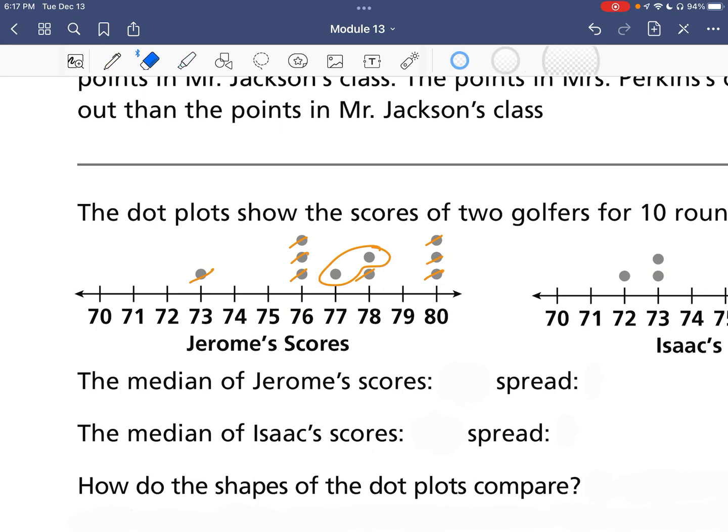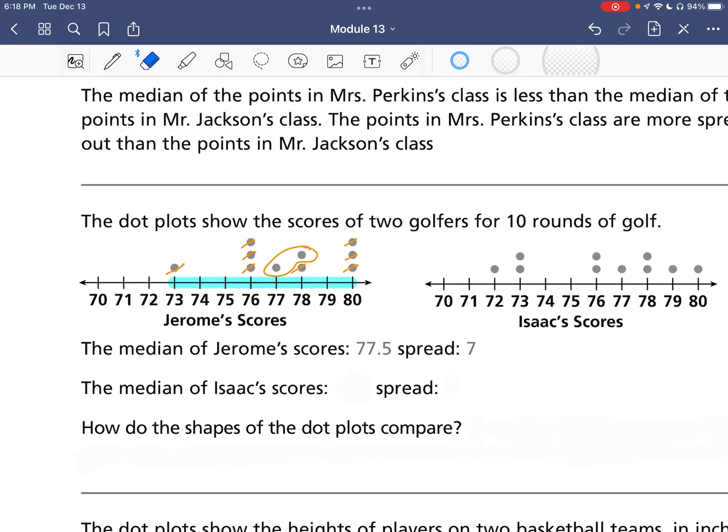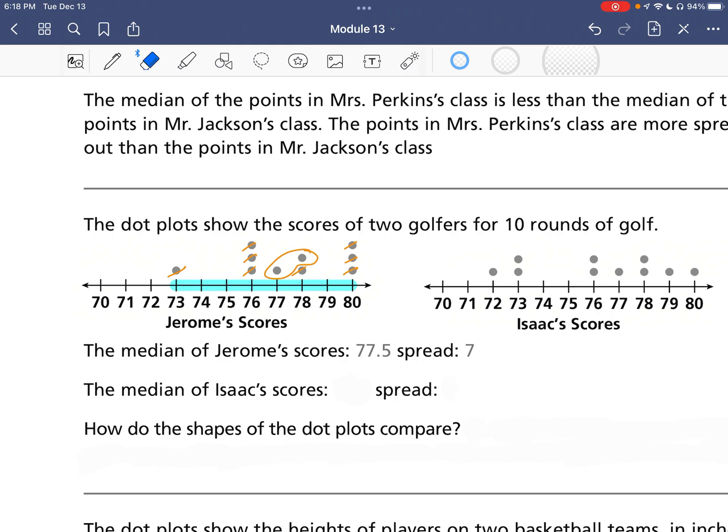So that middle number would be 77.5. And then the spread, count that out. What is that distance between 73 and 80? Good, that'd be 7.